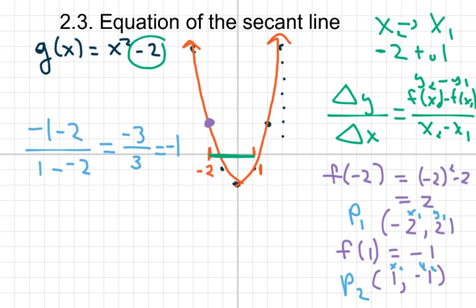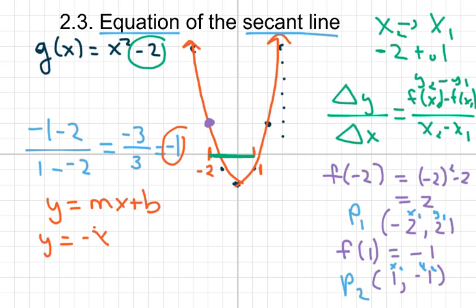Now they want the equation of the secant line. So what we have to do is we're doing a line which is y equals mx plus b. Our slope is negative 1, so it's y equals negative 1x, which is negative x plus b. And we're going to plug in one of these points.